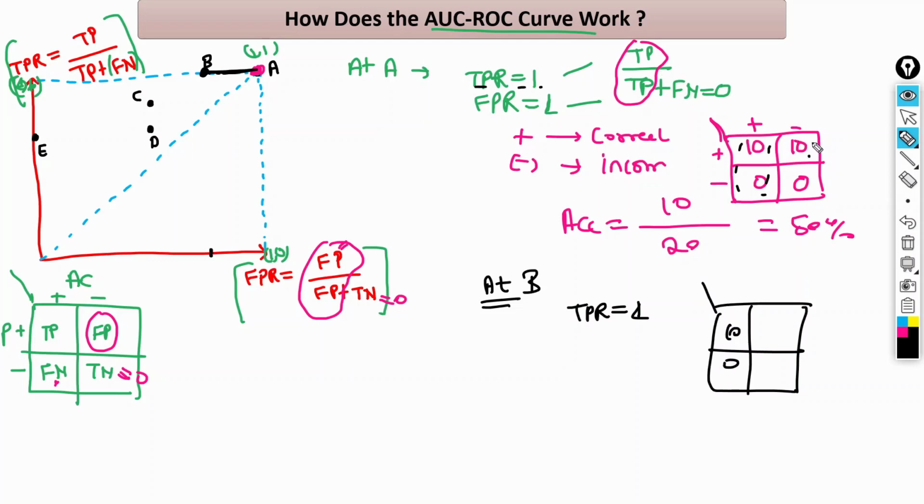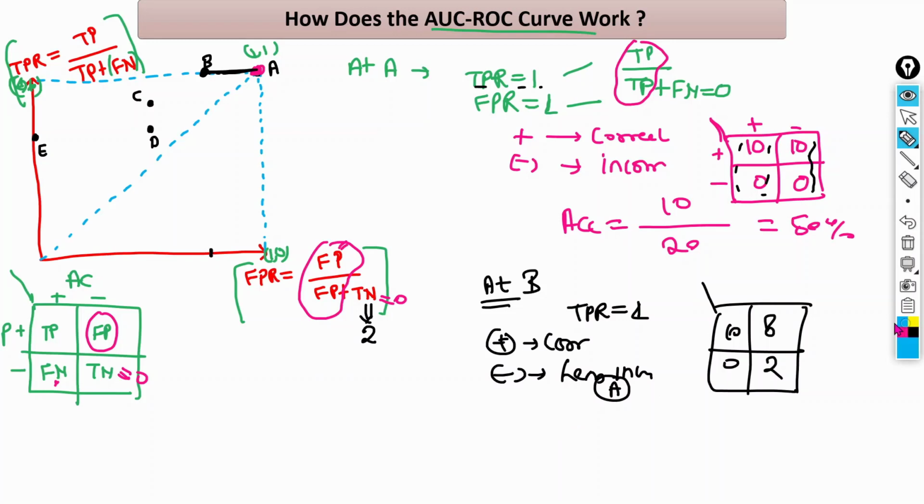Now we have to check TN, but here my FPR will be less as compared to point A. If it is less, in that case TN will not be 0, TN will have some value. Let's say TN is equal to 2, so this will be 8, this will be 2, right? In that case, at point B, all the positive classes will be correctly classified, but the negative classes will be less incorrectly classified as compared to point A, right?